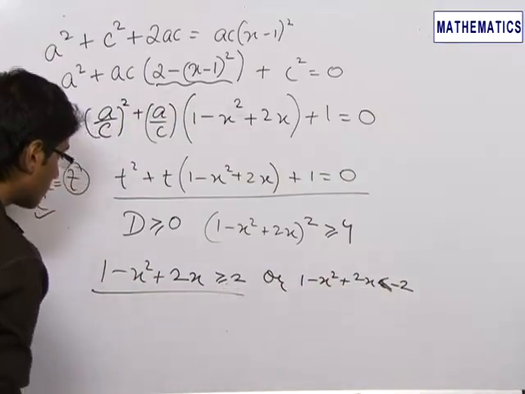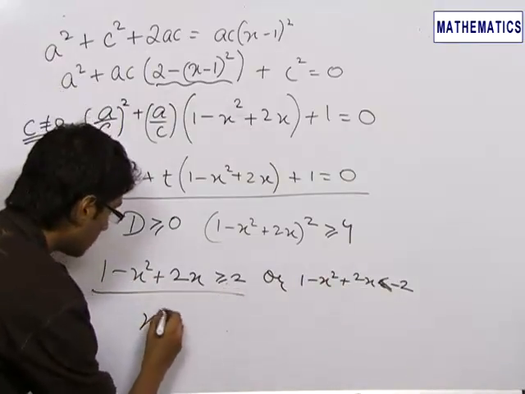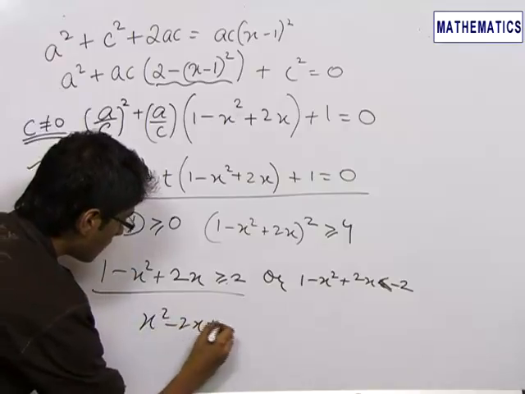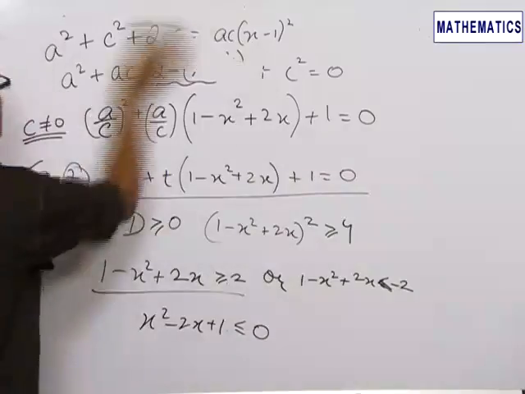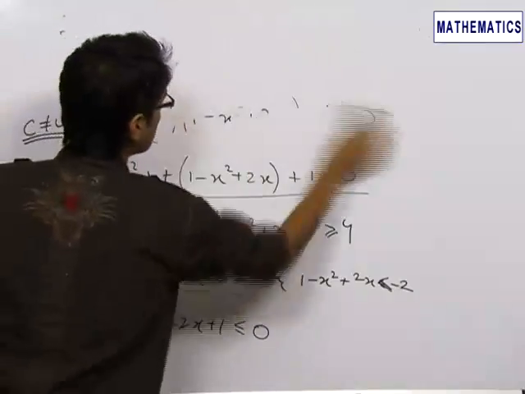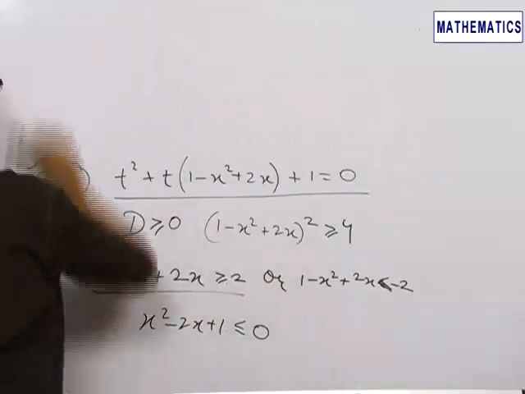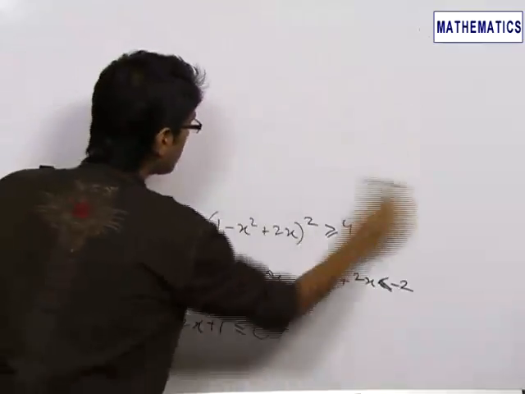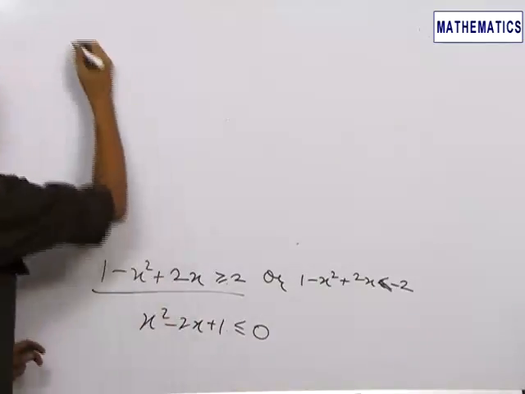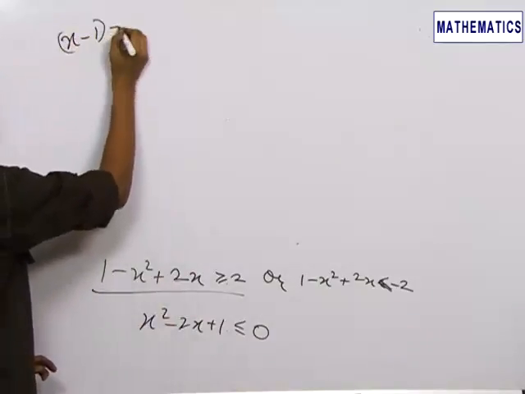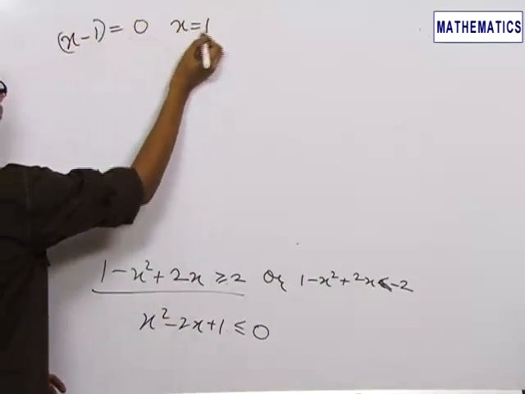This equation becomes x² - 2x + 1 less than or equal to 0, and we know that this is a perfect square, and a perfect square can never be less than 0. The only possibility is that the perfect square can be equal to 0. So on putting (x - 1)² = 0, we get x = 1.